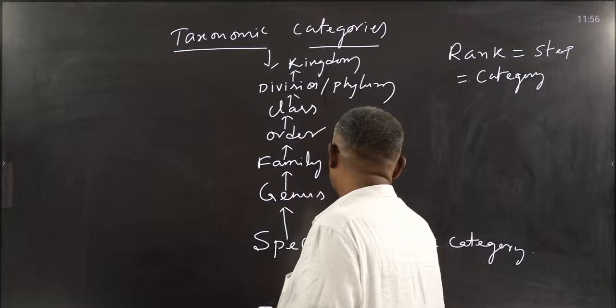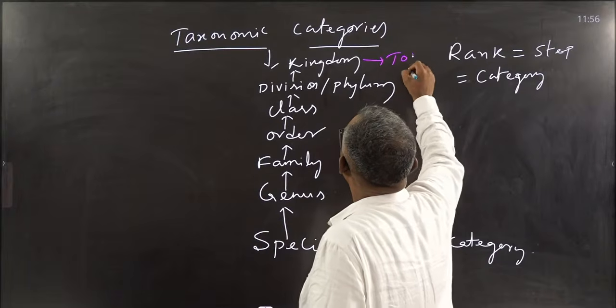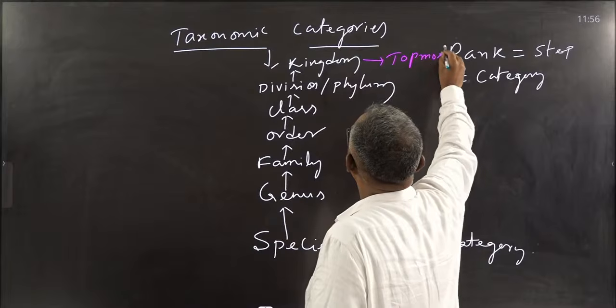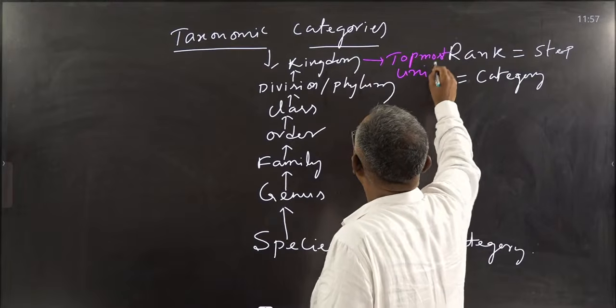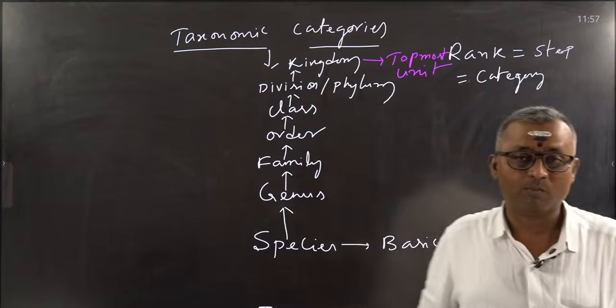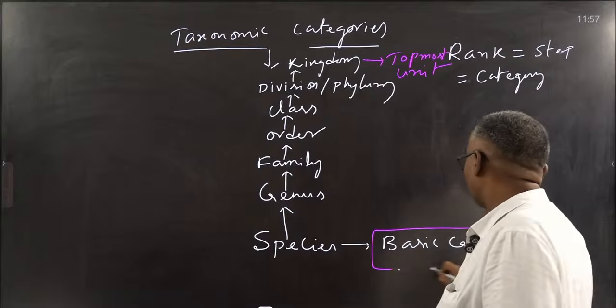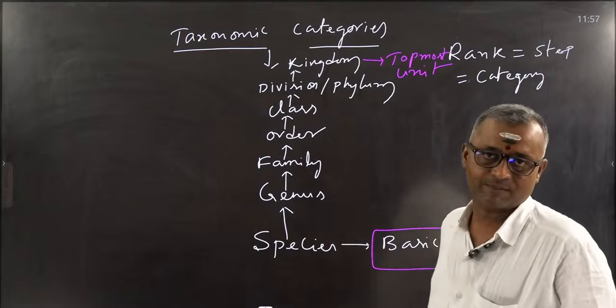Now, this kingdom is considered to be the topmost unit. What is the topmost unit? Kingdom is the topmost unit. Whereas what is the basic unit? It is species.